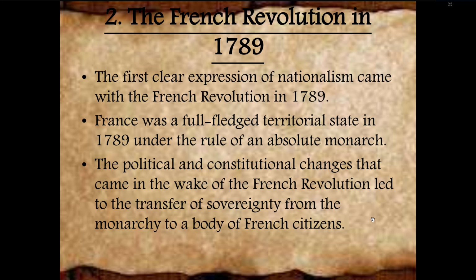So this is a great change that came into France: a total monarchy changed into a body of democracy. The political and constitutional changes abolished the monarchy system and established democracy. So the French Revolution that happened in 1789 changed into a broad concept, that is democracy. Monarchy was totally abolished and democracy came into existence.